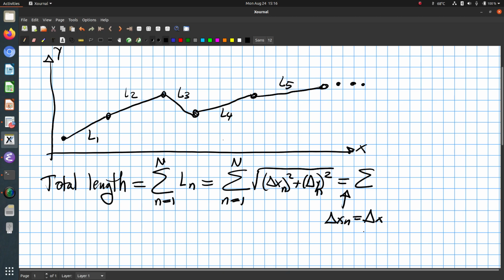I can factor out that delta x. And then I'll have delta yn over delta x, quantity squared.